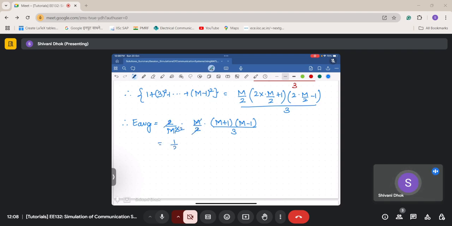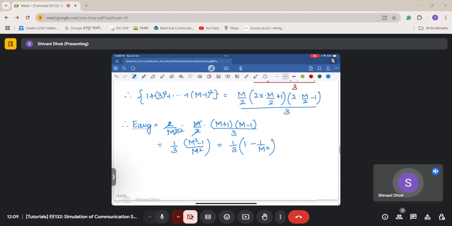So you have 1 by 3 into m plus 1 into m minus 1, which is m square minus 1, by m square. And you can write this as 1 by 3 into 1 minus 1 by m square.